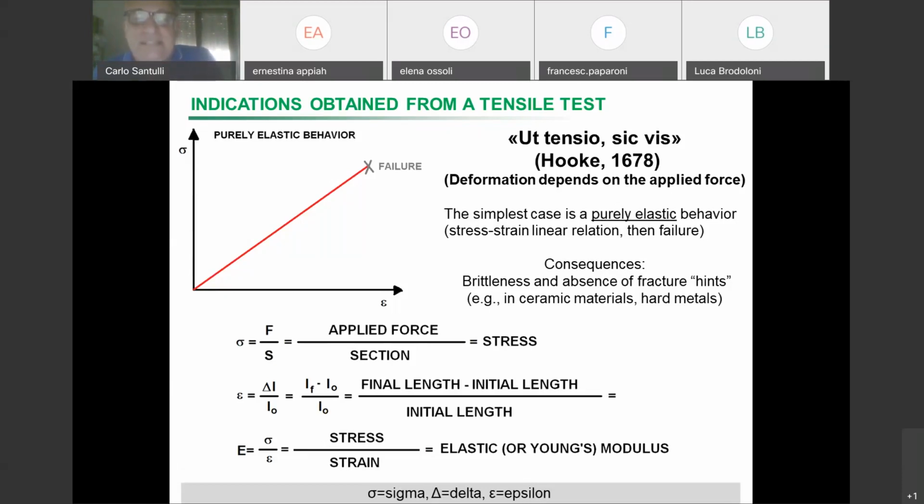You don't have a complete linearity between the stress, by which I mean applied force divided by the section, and the epsilon, which is the strain. For some reason I didn't put strain again.